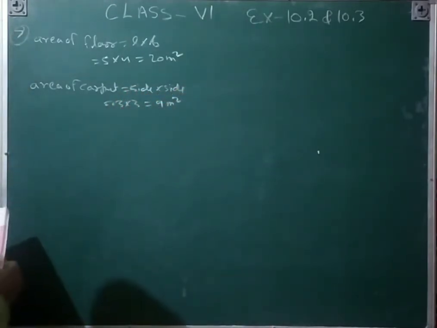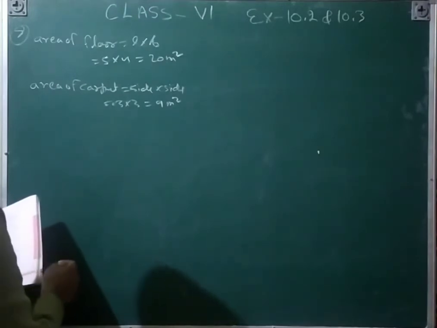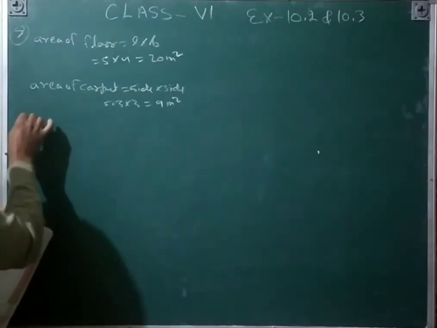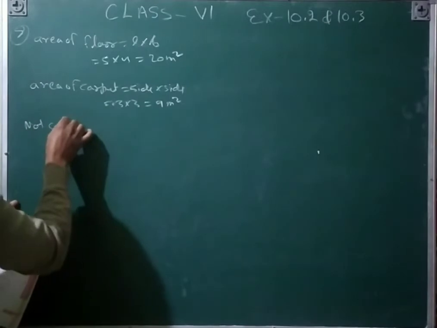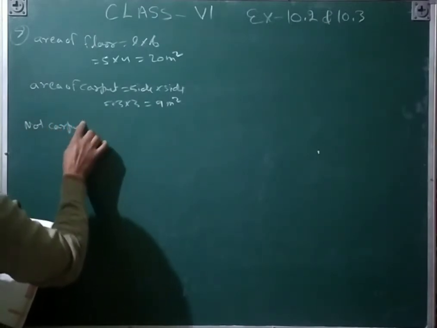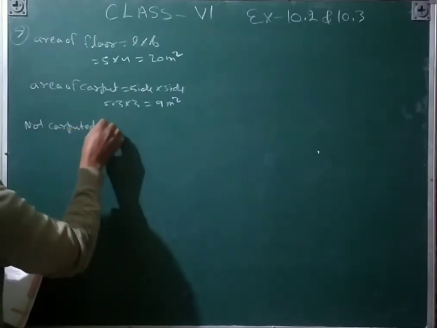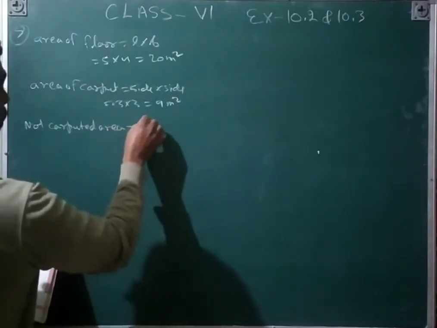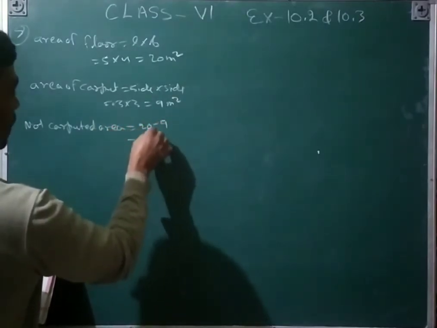So that not carpeted area is equal to 20 minus 9 is equal to 11 meter square.